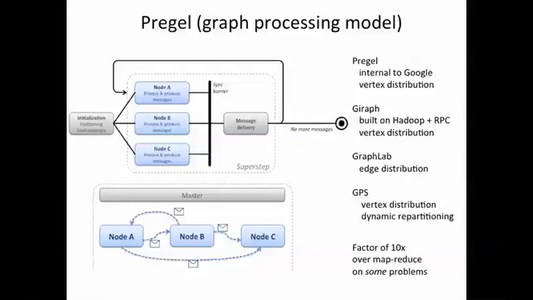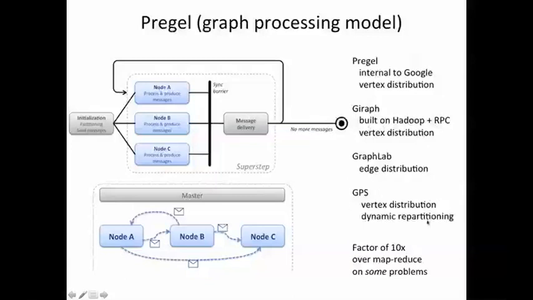There are different implementations. Pregel itself is internal to Google, as we mentioned just a minute ago. Giraph is an open source implementation of the Pregel model built on top of Hadoop, but there are essentially only mappers and no reducers, and all the message passing communication happens through remote procedure calls. Like Pregel itself, Giraph distributes vertices across nodes.